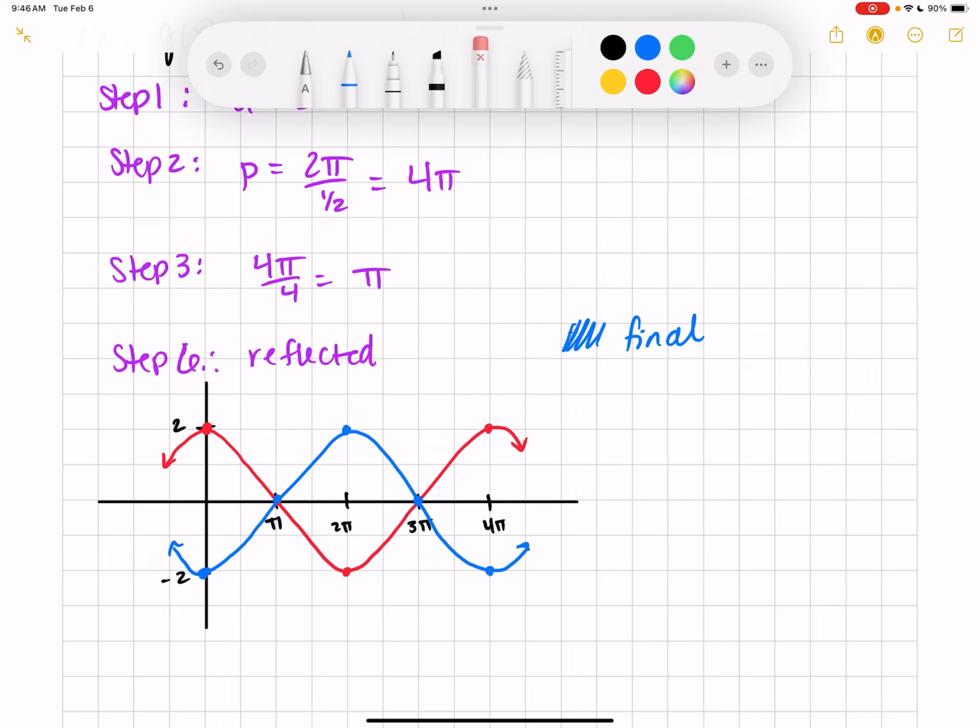I wouldn't recommend doing it like that necessarily, but you can. And a lot of times with a reflected graph, I probably would have only graphed the final. I probably wouldn't have started with the red and gone to the blue, but for the sake of you seeing it, I wanted you to see what the difference was in the two graphs.